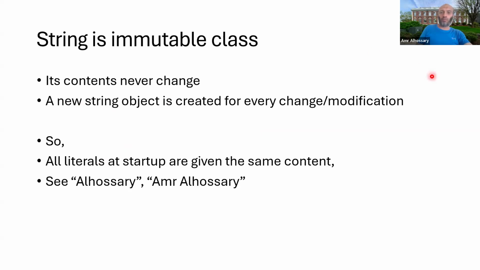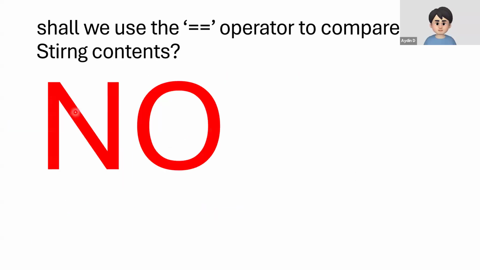A new object is created for every change or modification. So any change produces a new string, a new string object.